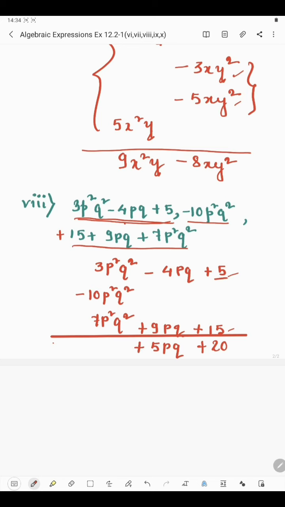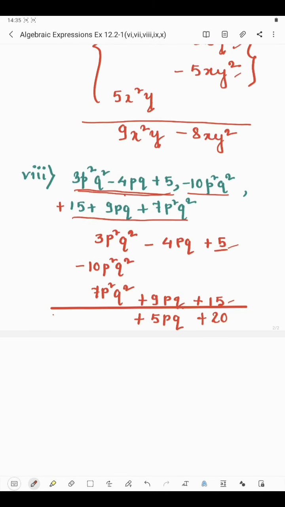Okay, now here we have three terms. At first we need to add or subtract the like terms. Here, see, in front of 3 no sign is given, so it's plus, and in front of 7 no sign is given, so it is also positive. So plus plus plus, so 7 plus 3 is 10. We will have to add the coefficients, right?